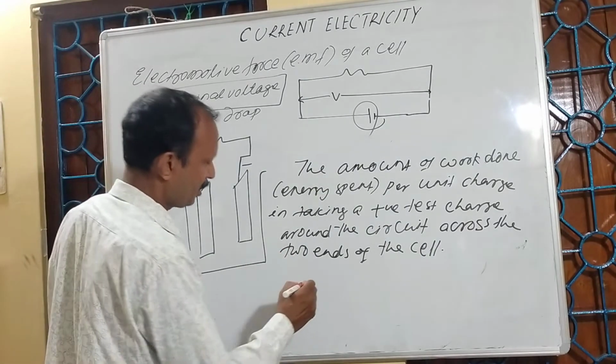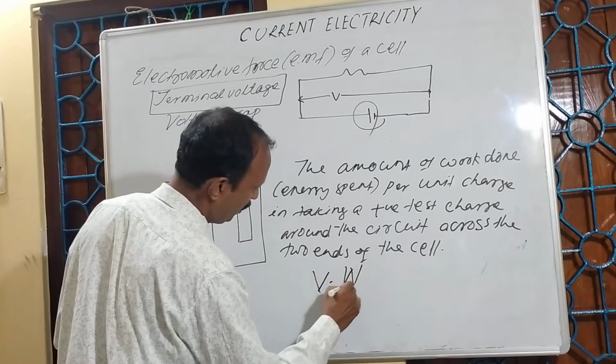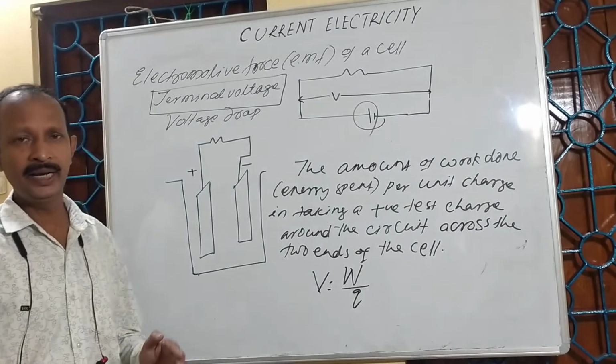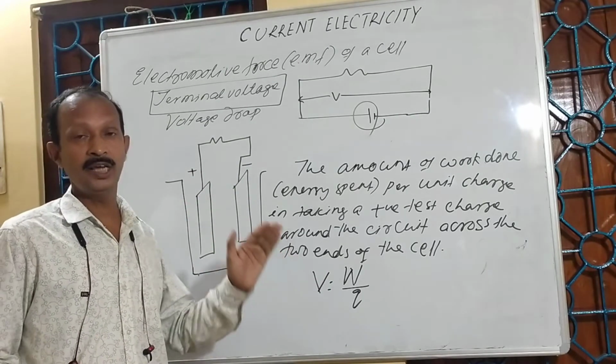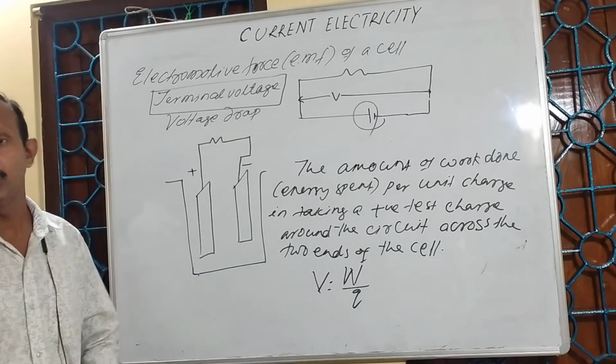Mathematically, I can write V is equal to W by Q. Already you have studied in electric potential difference. Same thing I have written, V equal to W by Q.